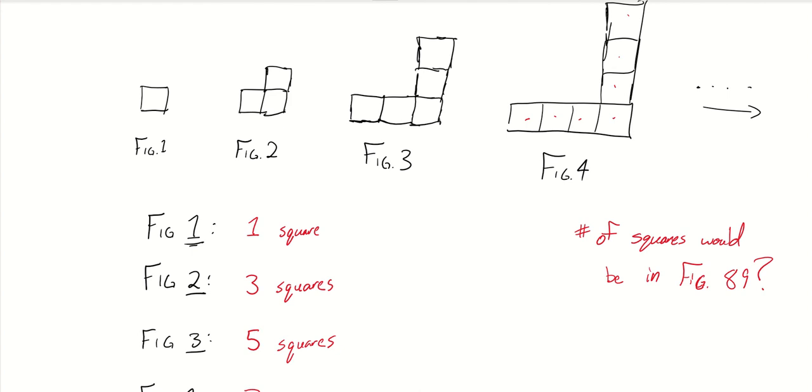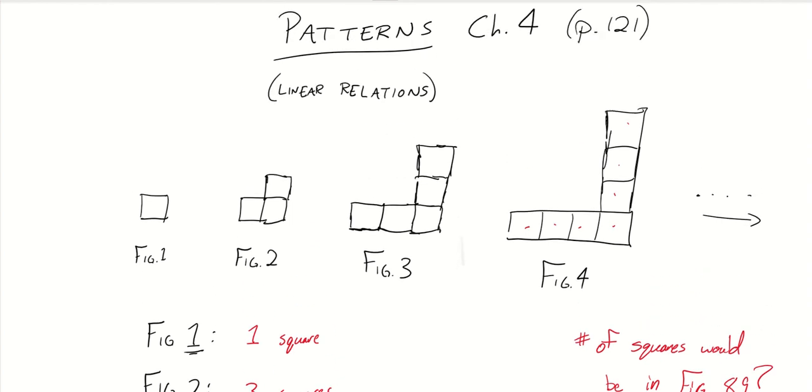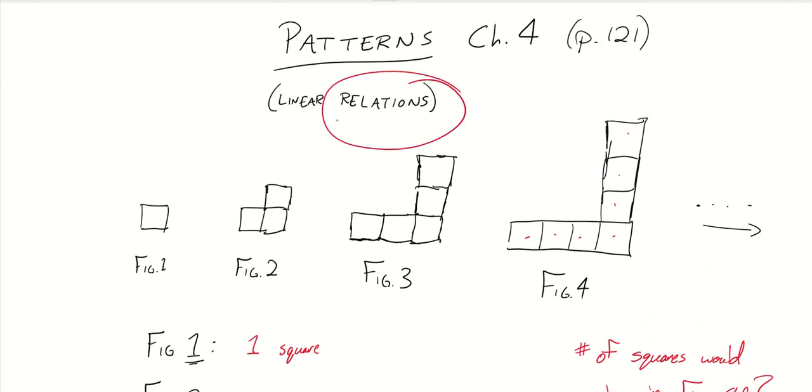That would be hard to count if you were just drawing figures one after another, right? You would have to draw 85 more figures with many, many more squares, and you would probably make some sort of error in there somewhere. So we need some kind of systematic way to be able to predict the number of squares that would be in figure number 89.